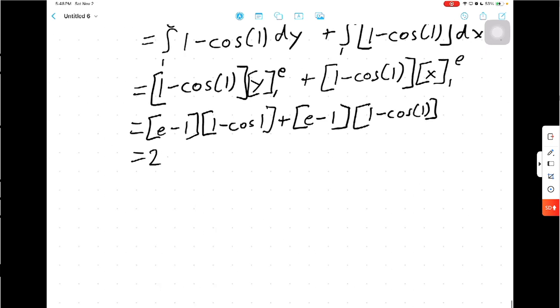And our final answer, 2 times e minus 1 times 1 minus cosine of 1.